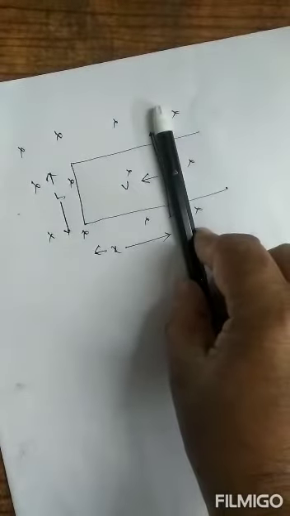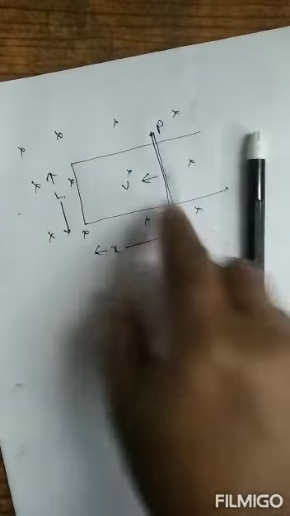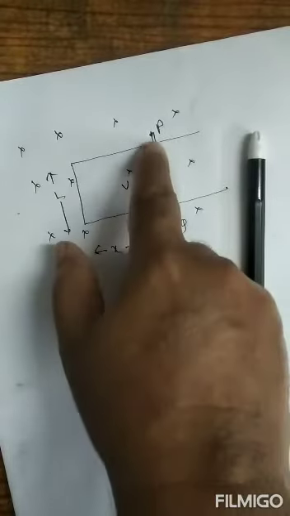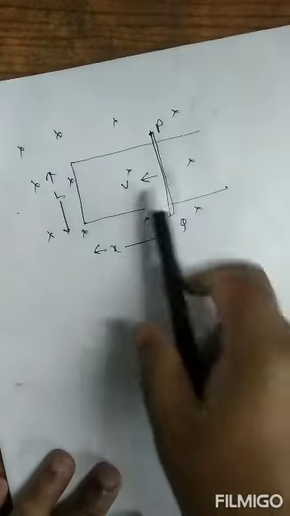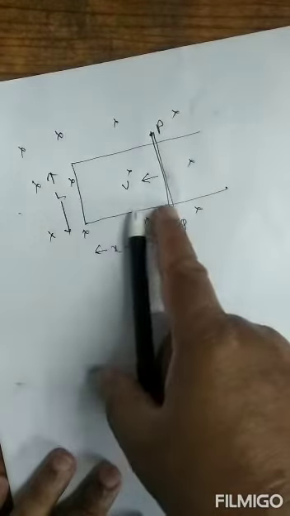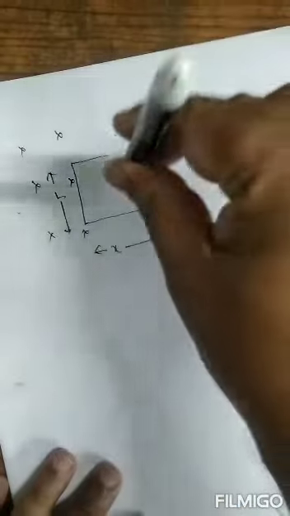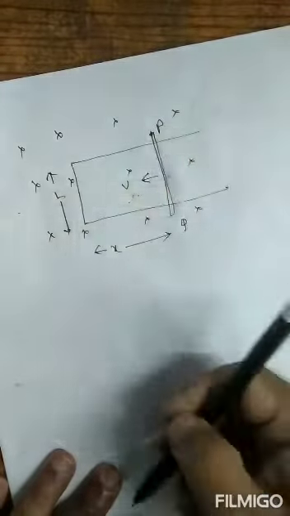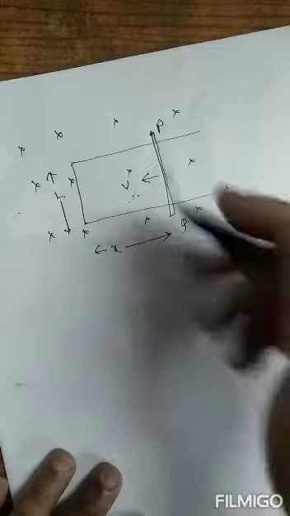When this conductor moves in this direction, the effective area of this loop decreases. So as a result, the inward magnetic flux linked with this area changes. Why inward? Because the magnetic field is perpendicularly inward. Why perpendicularly inward?